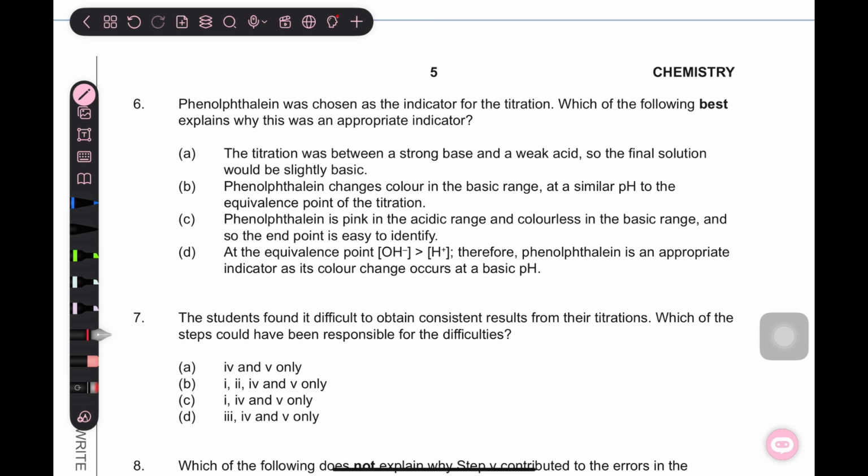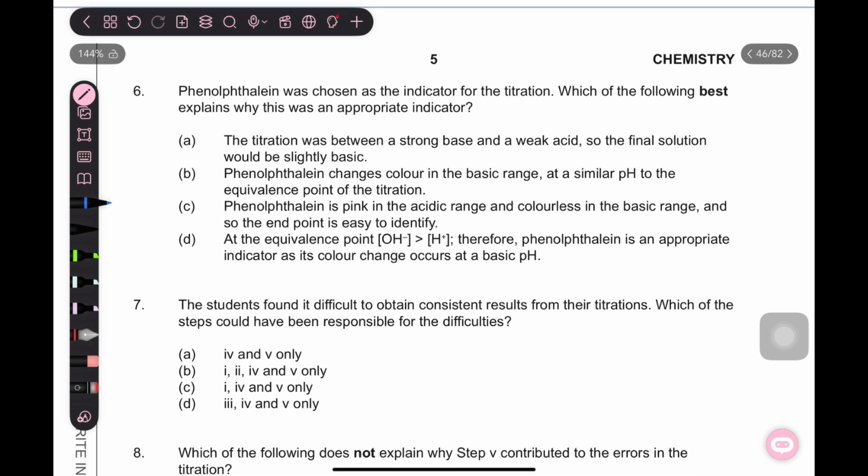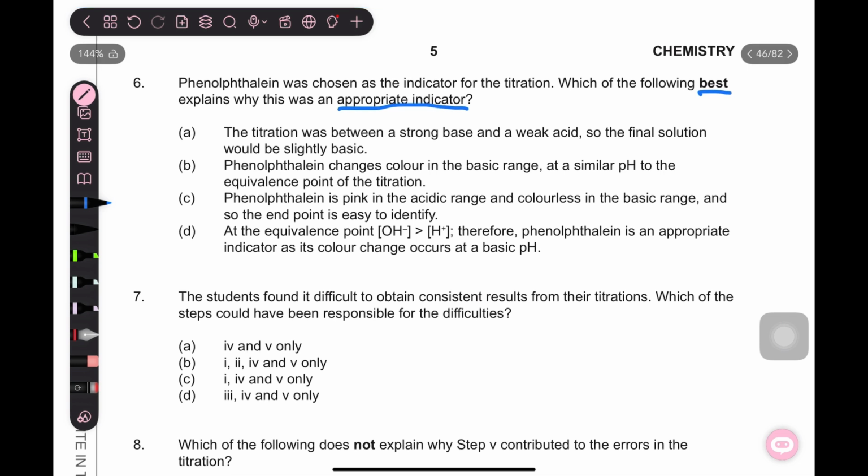So as you can see in question 6, it doesn't actually require much information from the information that we've just read. So I'll just go through the options, and we're looking for kind of what explains it as the best indicator for this experiment. So a couple of these answers are likely to be correct, but not necessarily the best answer.